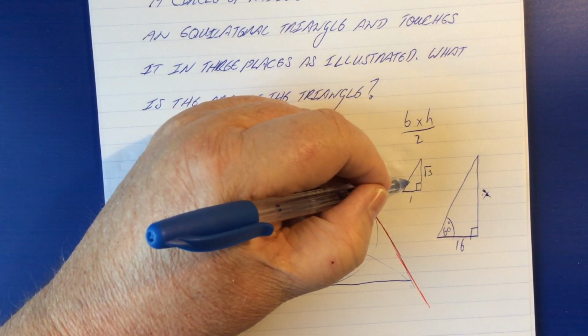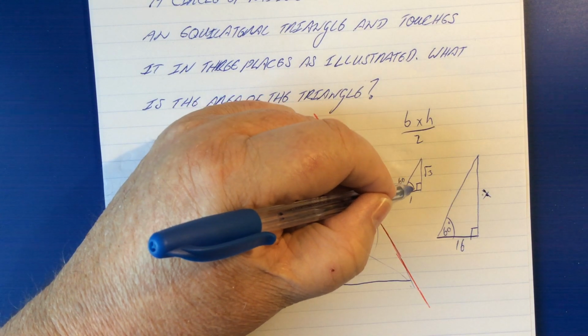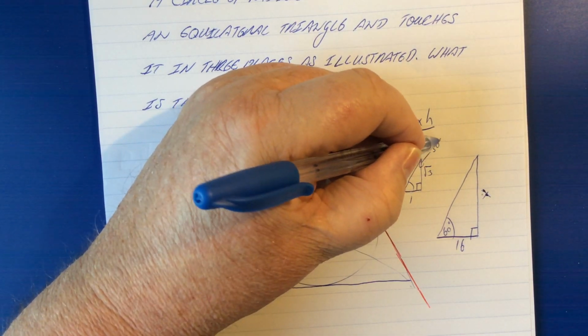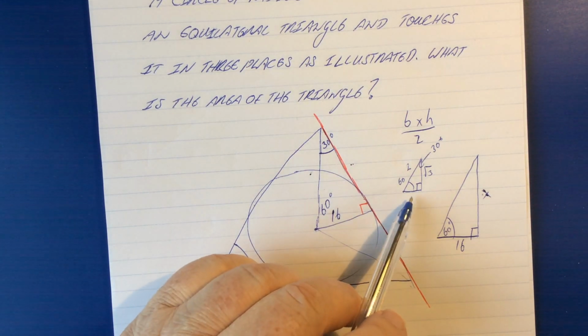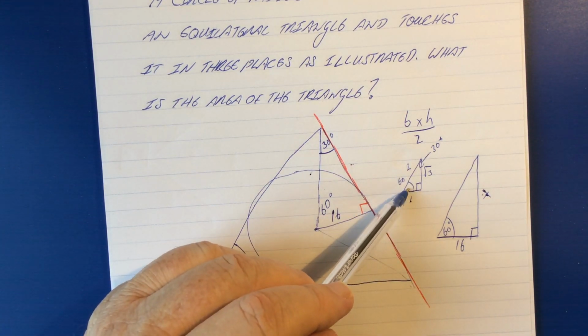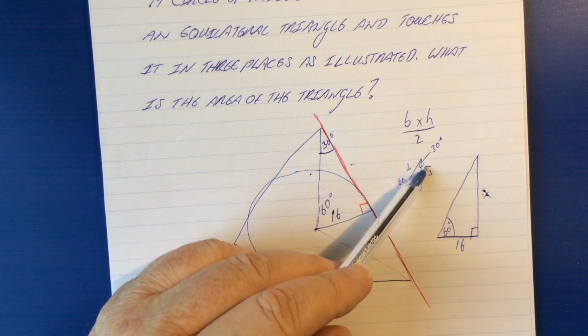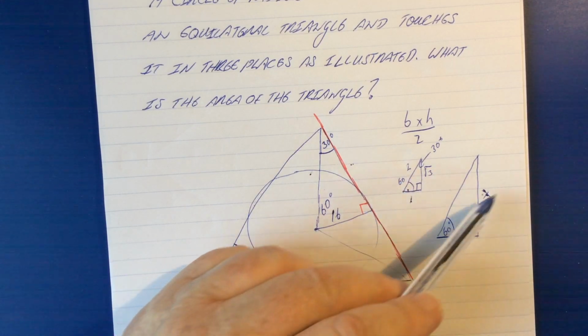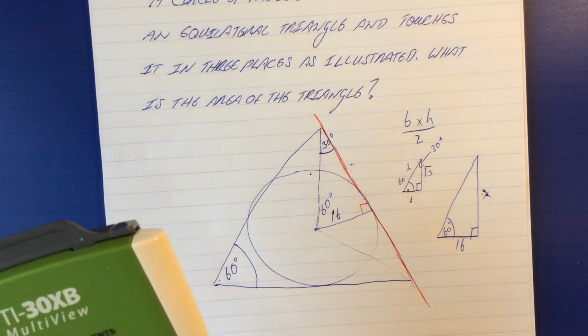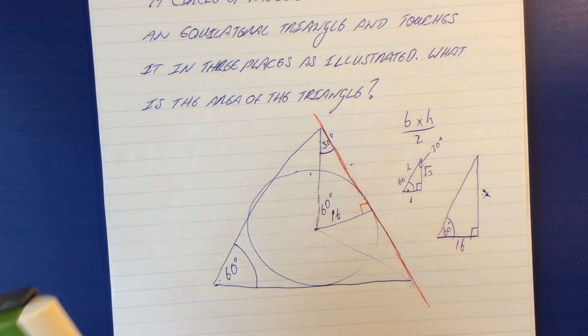Those of you who haven't seen this before will no doubt be scratching your heads, but some of you will be able to do this really quickly. If we've got 60 degrees here and 1 here, that is root 3. If we've got 16 here, that'll be 16 times root 3. But I digress. We're going to do this on a calculator. Okay, so let's get going.